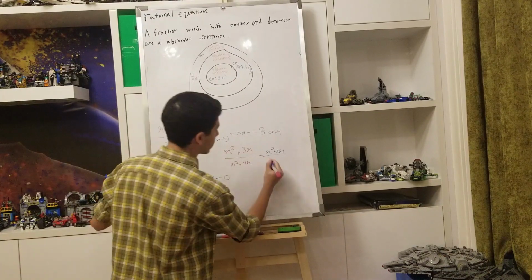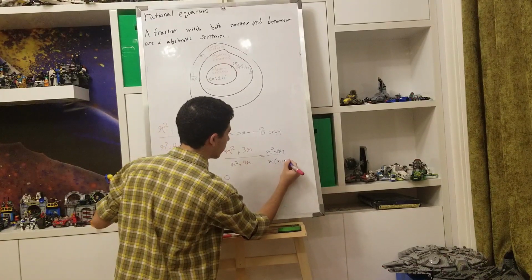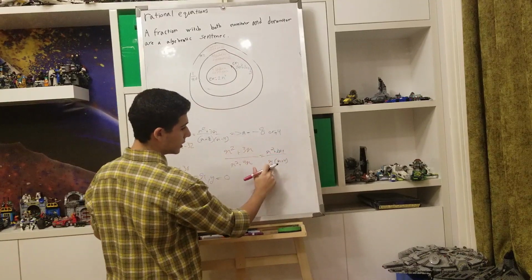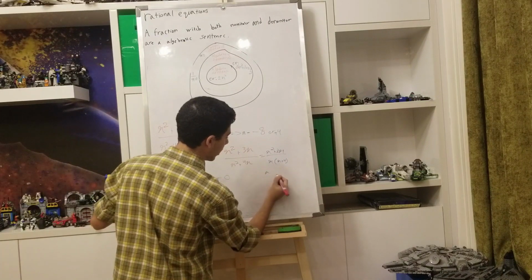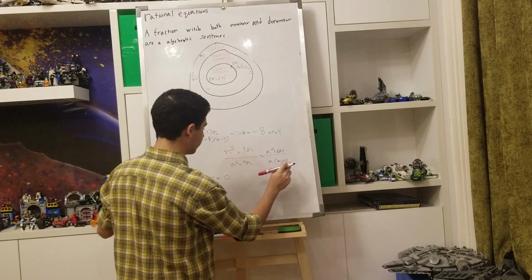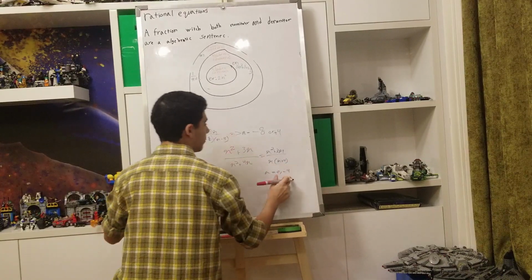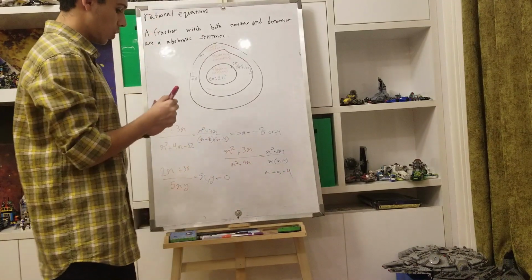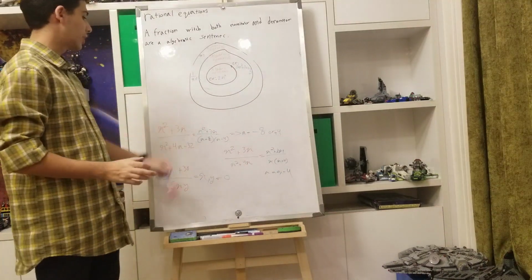I think I need to factor it, yes. So x times x plus 4. In this case, x is either 0 or negative 4. So this is how you find where these fractions are undefined.